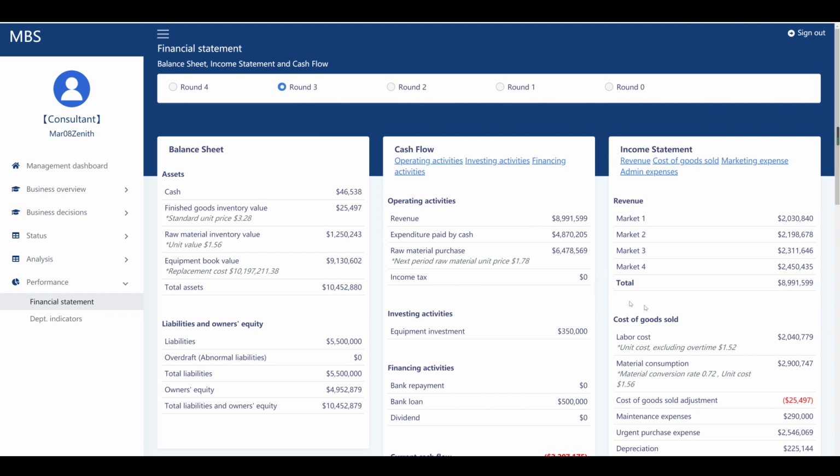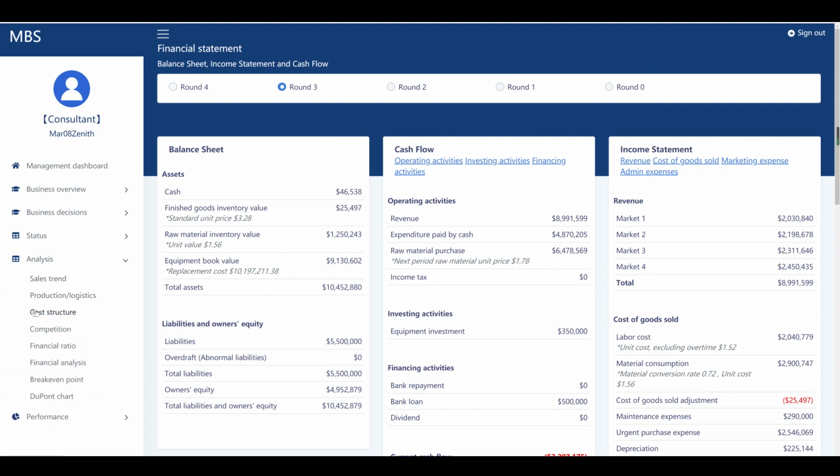And when you look at $1.78 for the material unit price against the round 0 of $1.15, there is 60 cents difference. So for each unit of the raw material we use for the production, and with 60 cents on the material unit price, as well as the material consumption of about 1.5, the cost of making this product will be around $1.